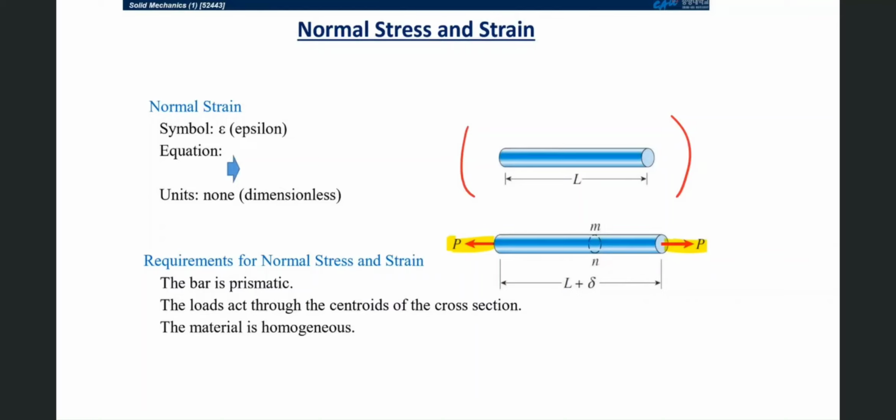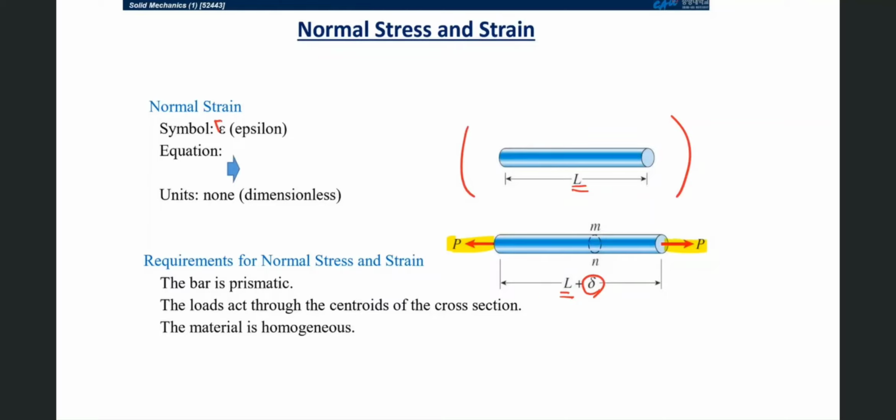The elongation per unit length, which is termed normal strain, may be found by dividing the total elongation delta by the length L. So here, this is the initial length, and this is the deformation, which means the elongated deformation by the tensile loading forces.